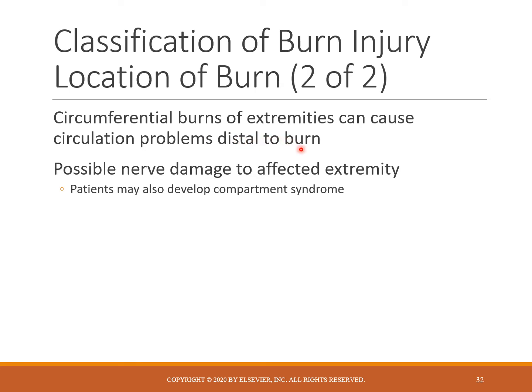So don't think that if only the hand is affected, the circulation in their arm will not also be affected, and nerve damage can happen. And since nerve damage can happen, your patient can develop compartment syndrome.